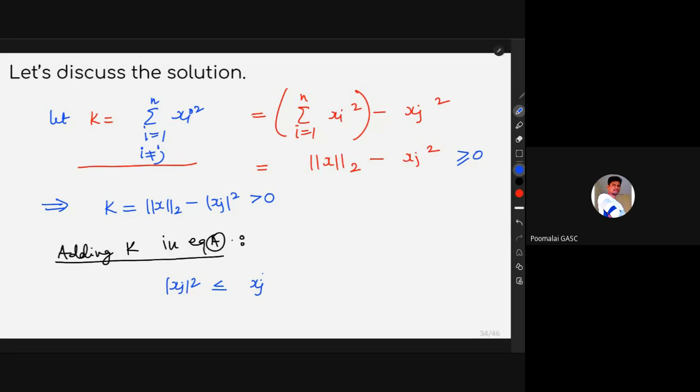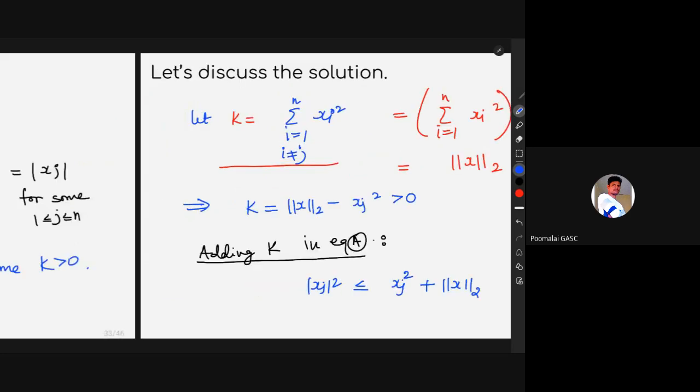Is this fine? Modulus is not required because I'm just subtracting xj square from the Euclidean norm. And the remaining will be the sum of the remaining i's, which is not equal to j. That's what I'm doing, plus.